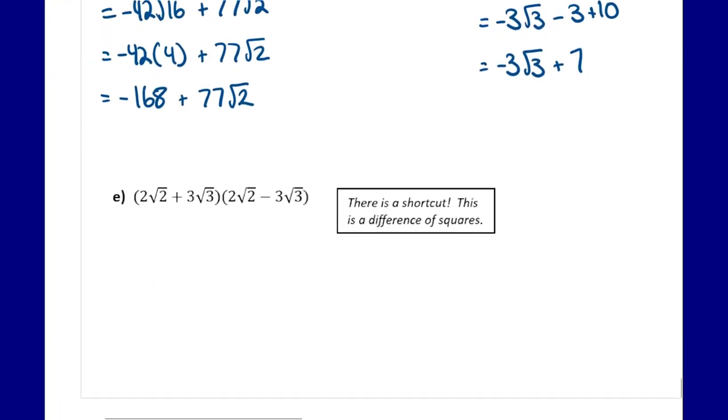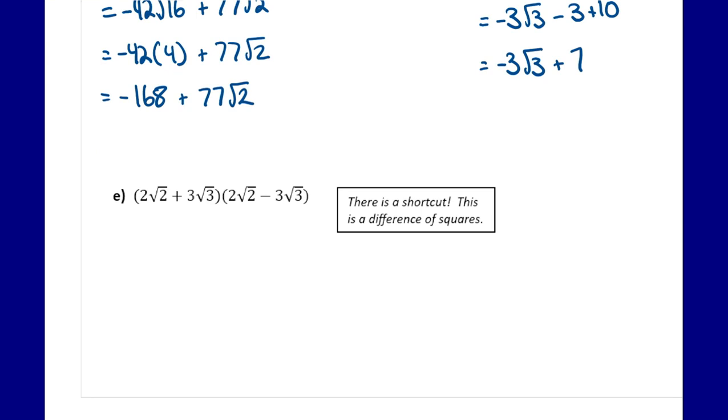Then the last example, I have 2 root 2 plus 3 root 3 times 2 root 2 minus 3 root 3. There is a shortcut to this one. We could recognize that it is a difference of squares, so we don't have to do the full FOIL method.